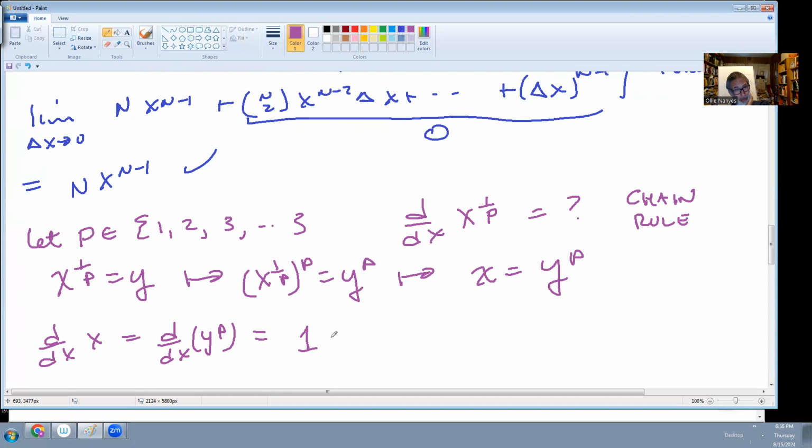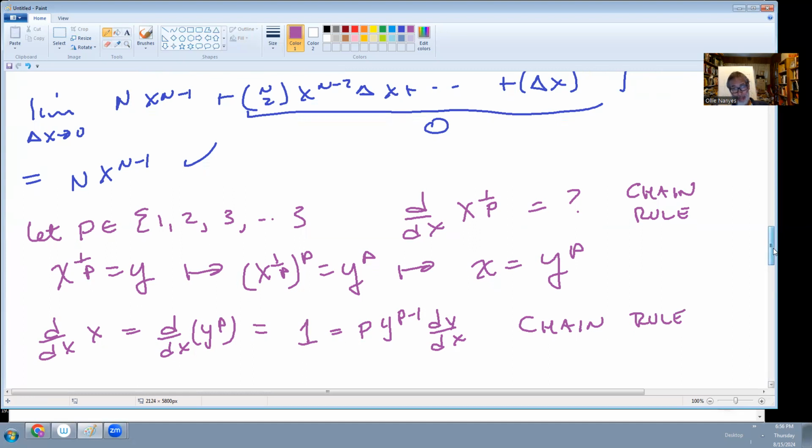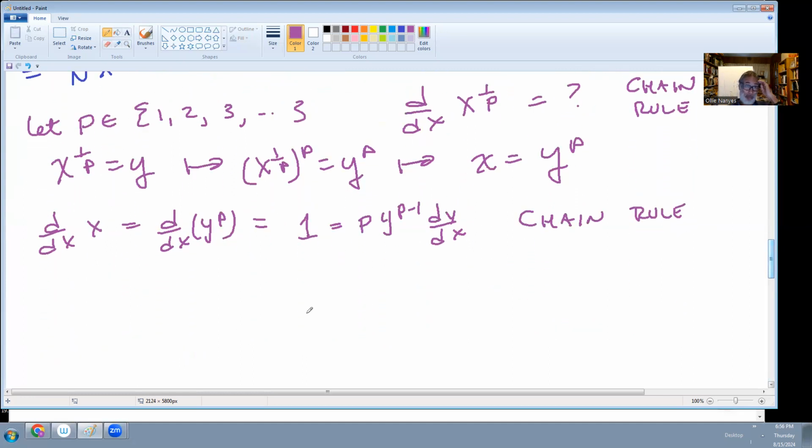By the chain rule, this is going to be p y to the p minus 1, that's the outer function, times the derivative of y. If you have the chain rule, you have this result here. Now let's solve for dy dx.